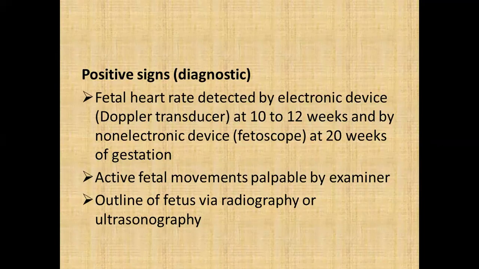Then they also tend to ask, at what week should you probably be able to identify the fetal heart rate? And that is at the 10th week. At 10 weeks of gestation, you should, the word is probably, be able to identify the fetal heart rate.